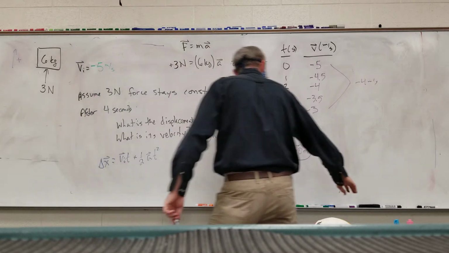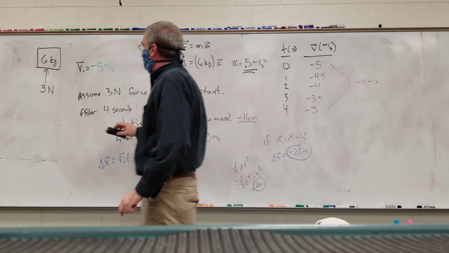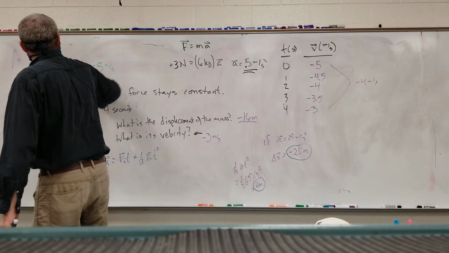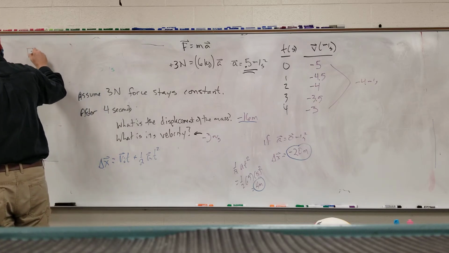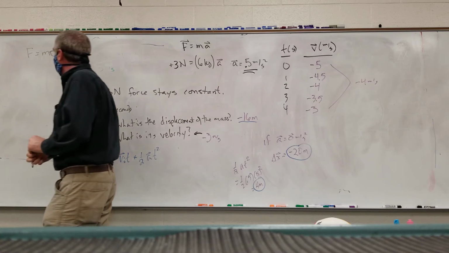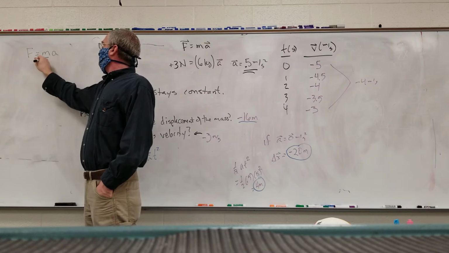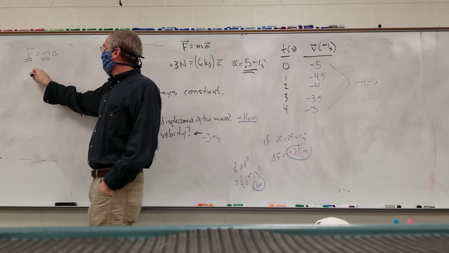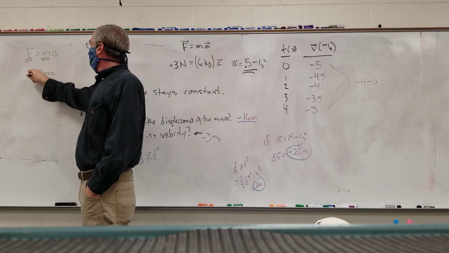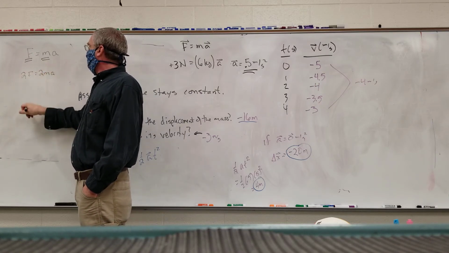Or from the equation that I wrote up earlier, that's written right there too. If I double the mass, I'm doubling the force on it. So if I have twice the mass, I can have twice the force.